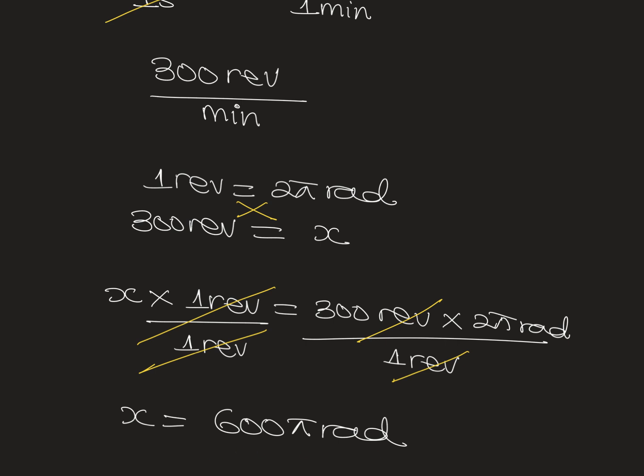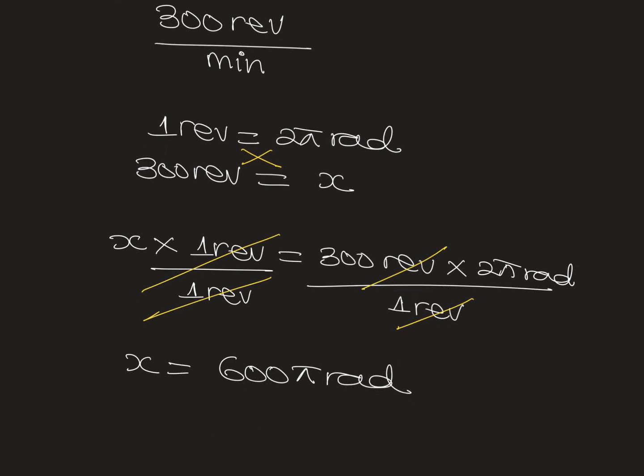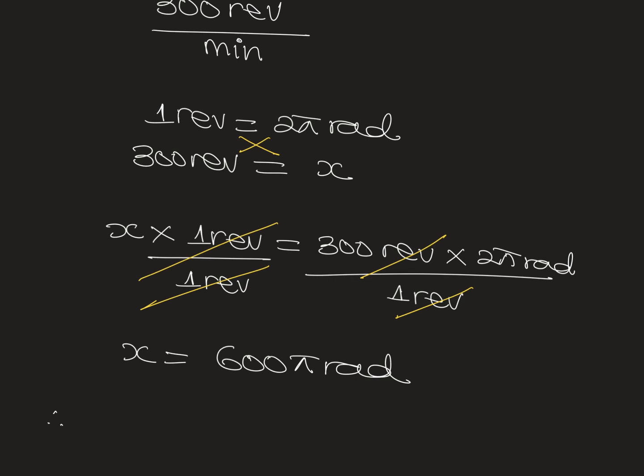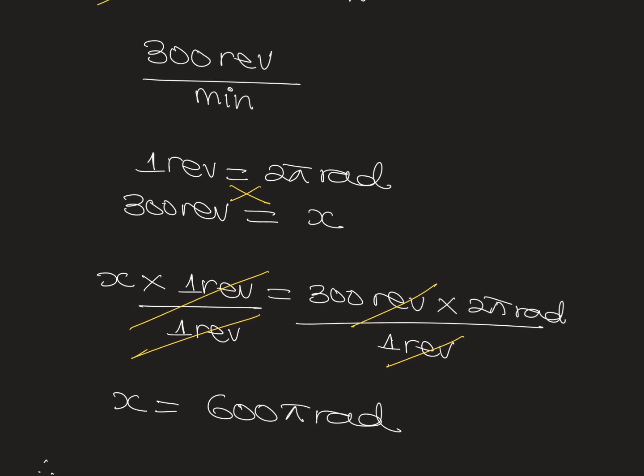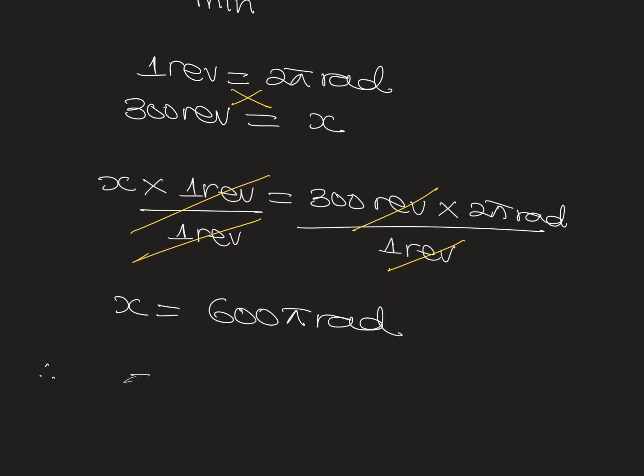So our answer will be, therefore, 5 revolutions per second is equal to 600 pi radians per minute. Okay.